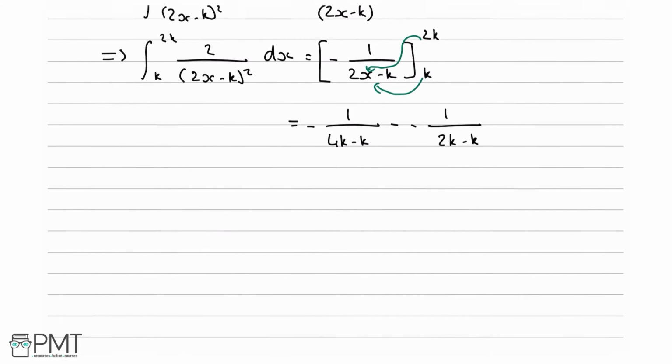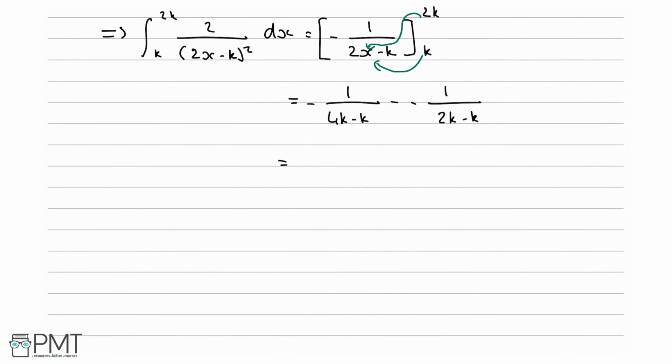This equals, we have minus 1 over 4k minus k, so this is minus 1 over 3k. Now minus and minus here will make a plus, so plus, and then 1 over 2k minus k is 1 over k, like that. Okay?